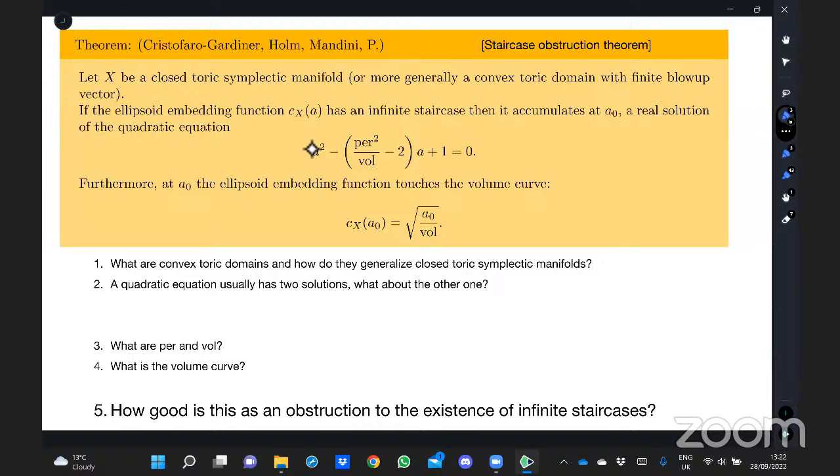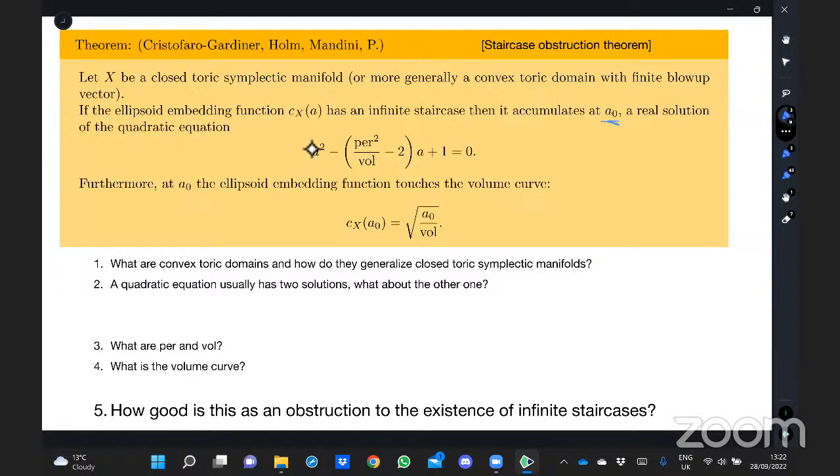So it might or might not have one, but if it does, we know exactly where that infinite staircase has to have its accumulation point, which is at, so the A coordinate is going to be at a naught, which is a real solution of this quadratic equation. And the Y coordinate, or I guess the lambda coordinate, is going to be at whatever height the volume curve is at that point.